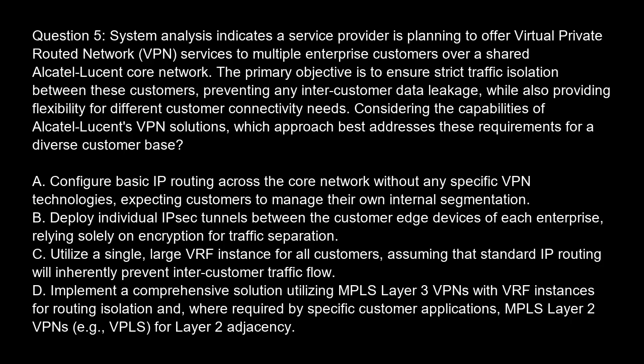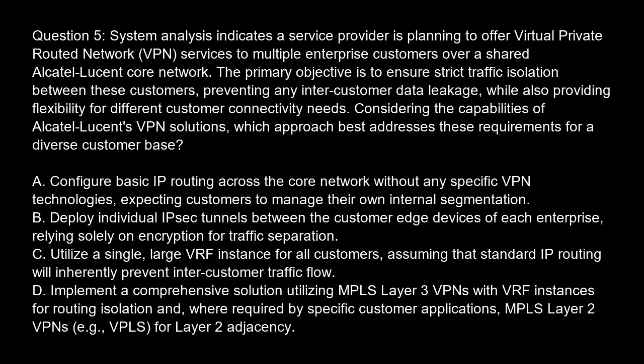Option A. Configure basic IP routing across the core network without any specific VPN technologies, expecting customers to manage their own internal segmentation. Option B. Deploy individual IPsec tunnels between the customer edge devices of each enterprise, relying solely on encryption for traffic separation.